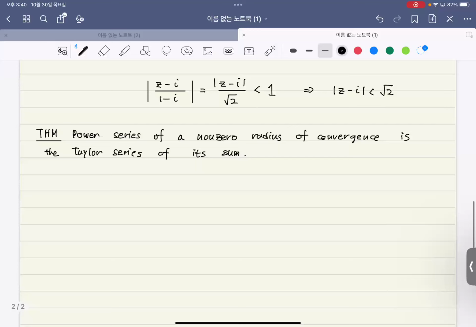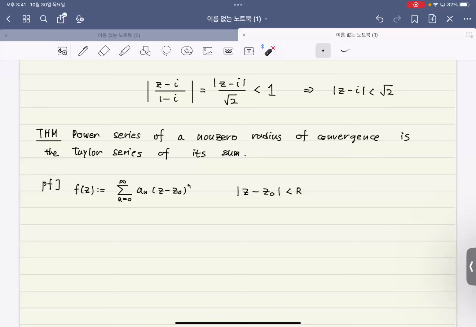Okay. So I also want to prove this. Okay. So this is what I want to prove. I have a power series, which I call f of z, and this guy has some non-zero radius of convergence. And so f of z is obviously defined by using a power series.